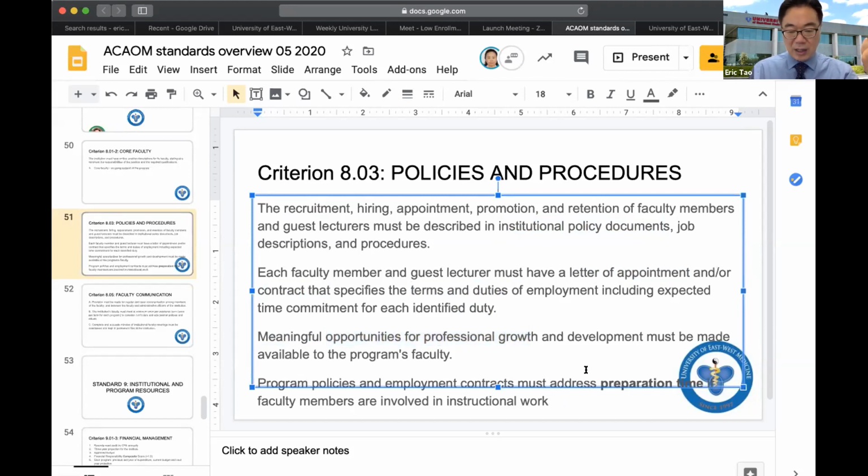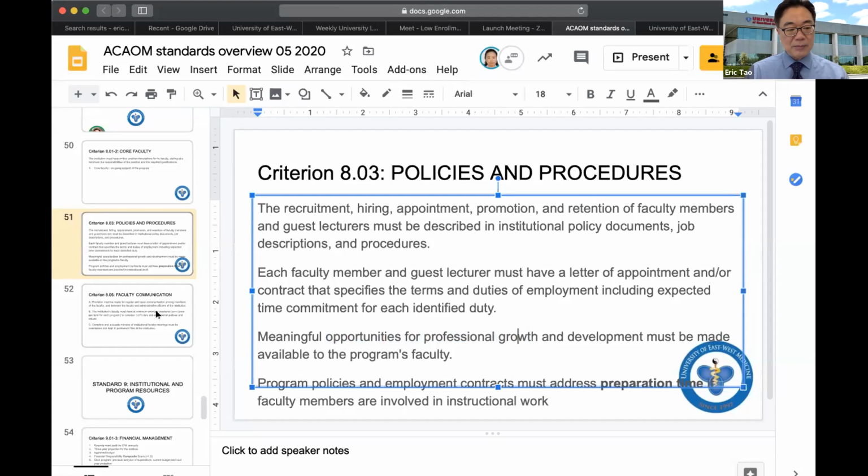And this is why we have to be careful. The employment contract must address preparation time. That means we cannot only pay faculty for their in-class time. Their compensation should include some preparation time. So that's something we have to be careful. Okay?